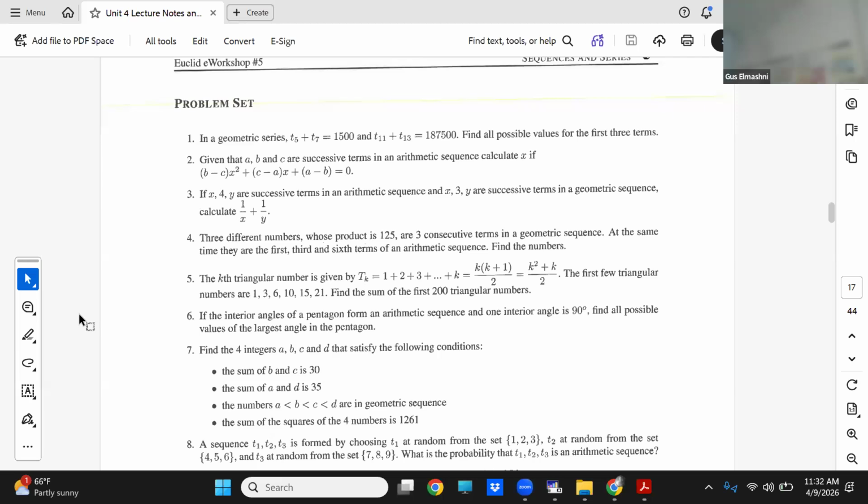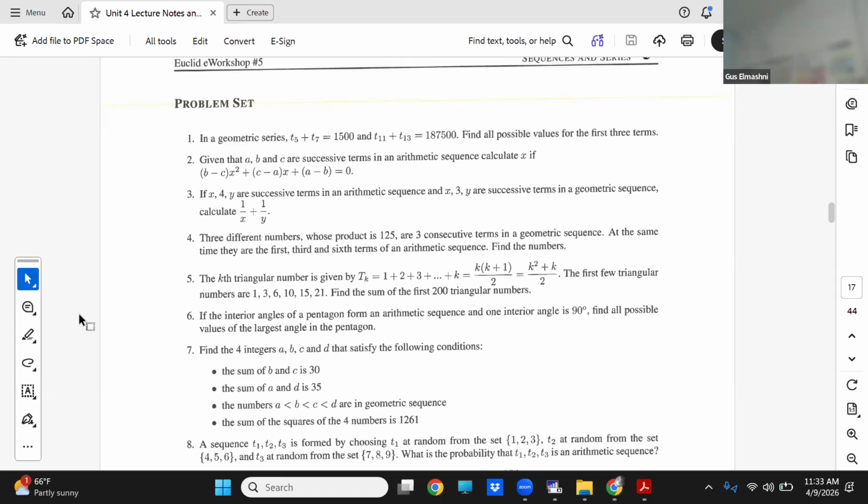Also, while we're at it, isn't T11 just T5 times R to the 6th power? T11 is T5 times R to the 6th power.